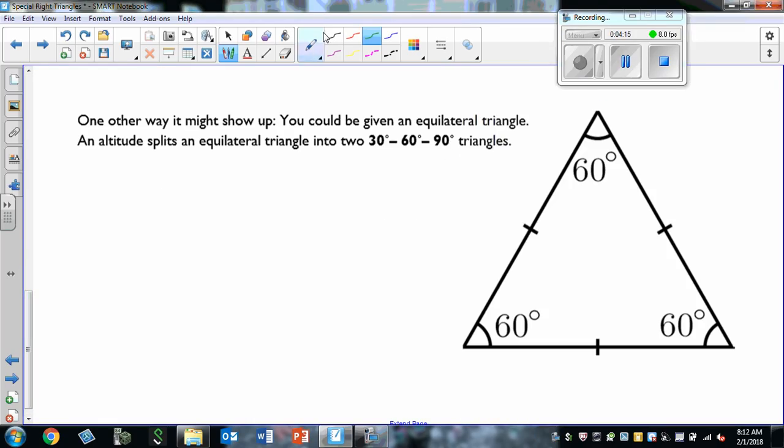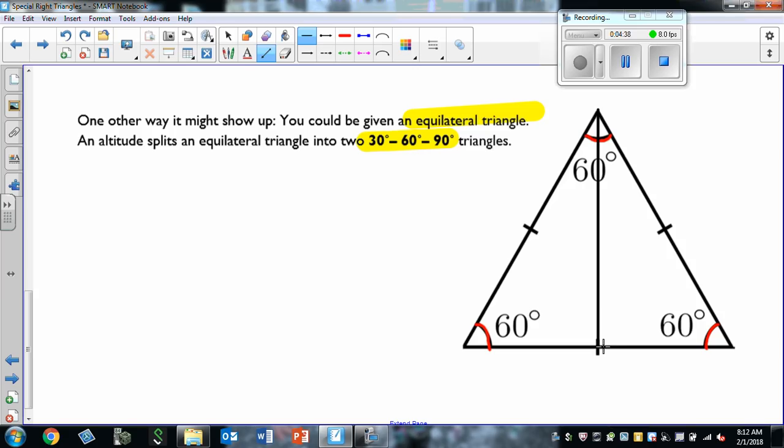So just like a 45, 45, 90 went with a square, equilateral triangles go with 30, 60, 90s. Because equilateral triangles have angles that are all 60. So there's that piece of it. But if we take an altitude from the top and we just drop it down, remember an altitude goes from the vertex.